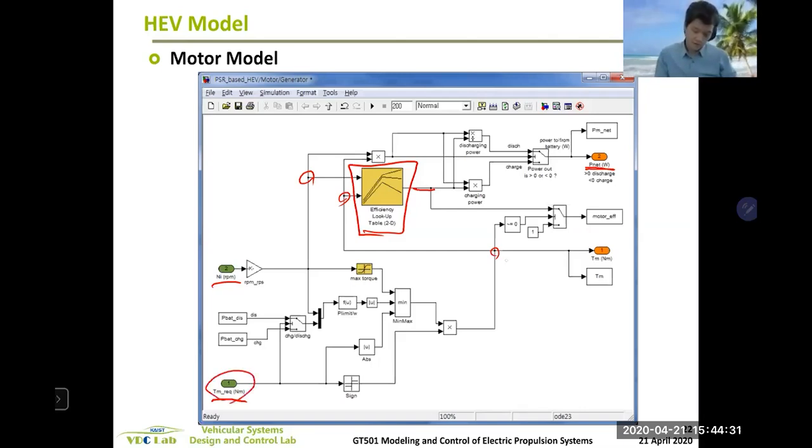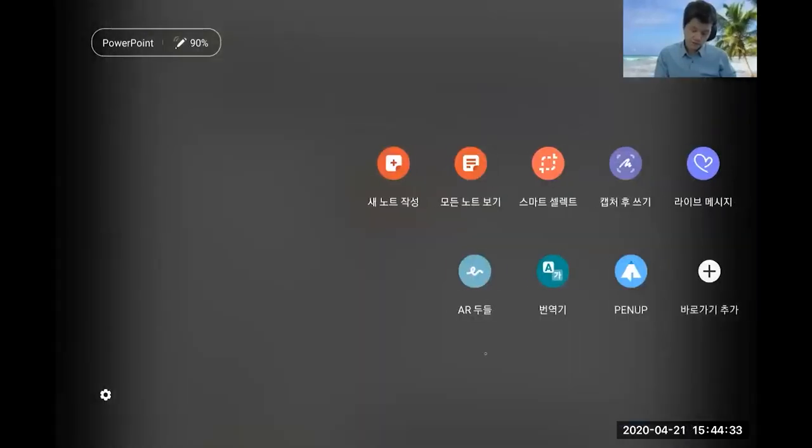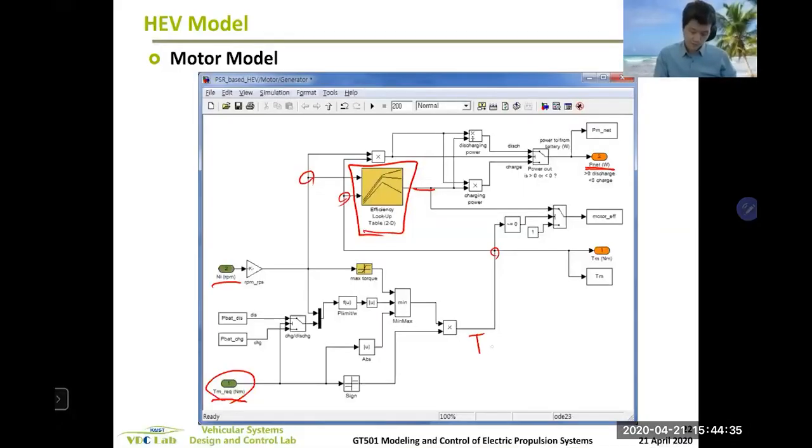When you have this, the true final torque, and this is the motor speed. So if you have these two, then you have mechanical power, right?